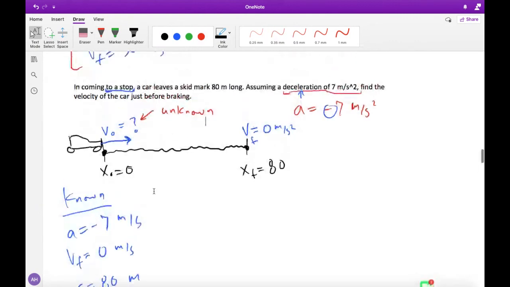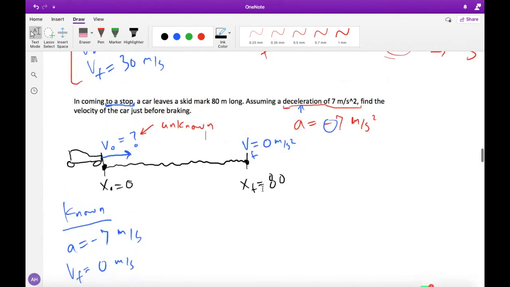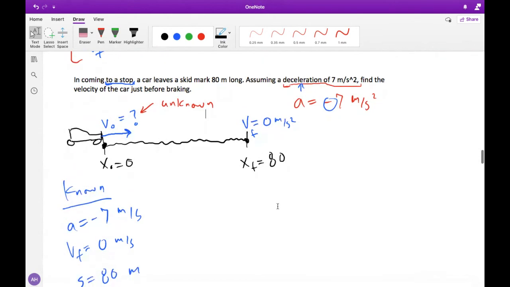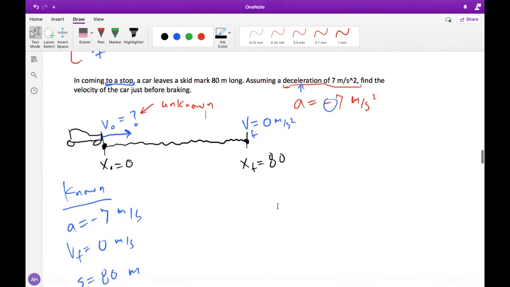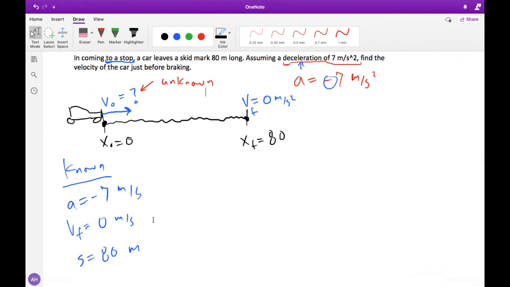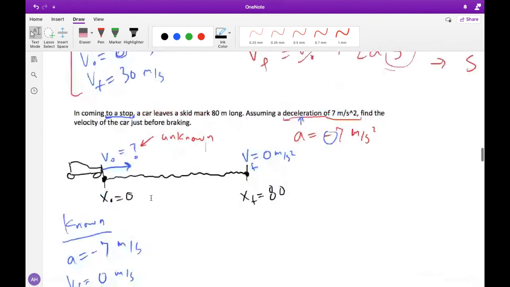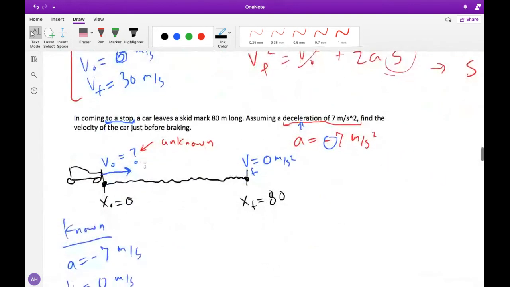So now that we have our picture, our knowns and unknowns, we would say, well, which equation of motion would help us solve for the initial velocity the easiest.